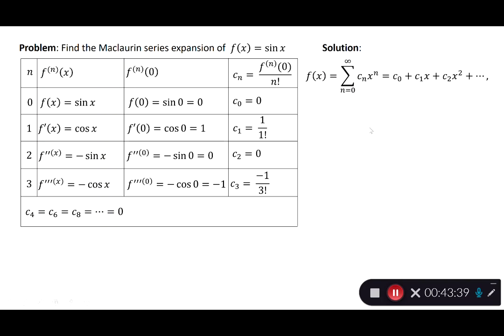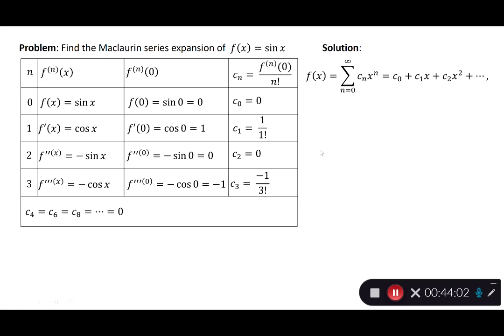All right. So once again, like I said, after you finish your table, the next thing that you want to do is write down this f of x equal to sigma n equals 0 to infinity, that thing, and be sure to write what that function is that you're dealing with, sine x in this case.